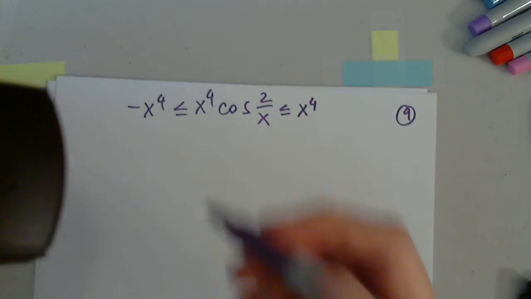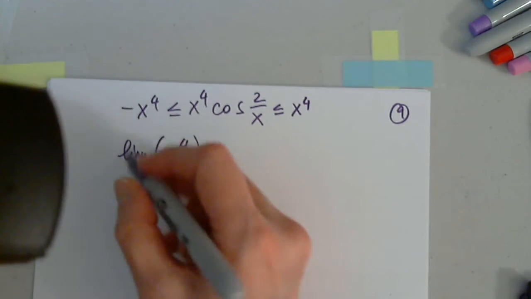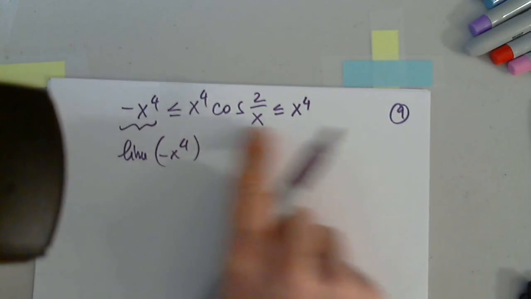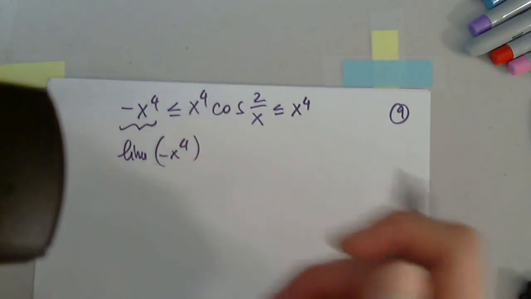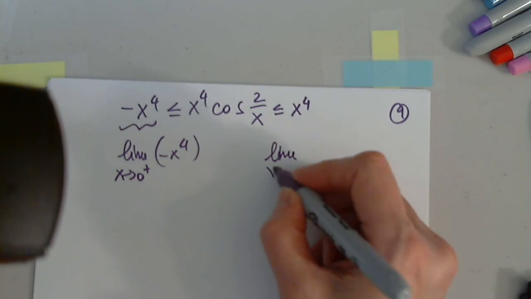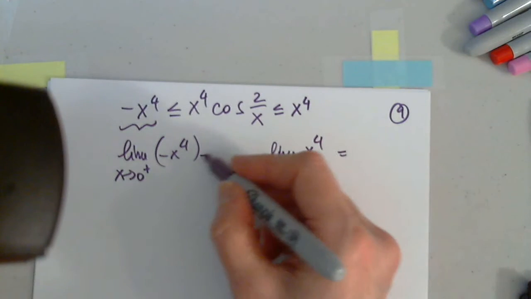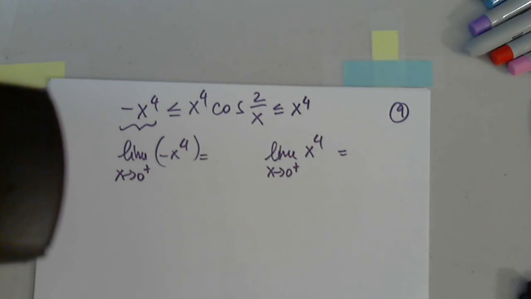Very good. So the next step is I have to find the limit of negative x to the 4th, which is our f of x and g of x, or vice versa, it doesn't matter. As x approaches 0 from the right, I have to find the limit of x to the 4th. Javon, will you give us these two?